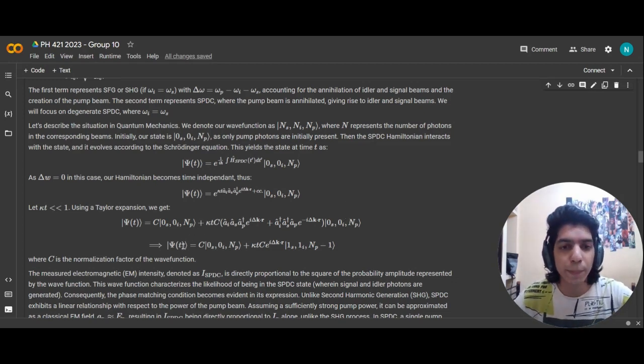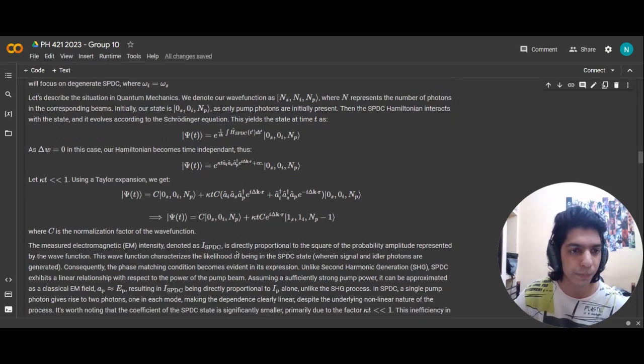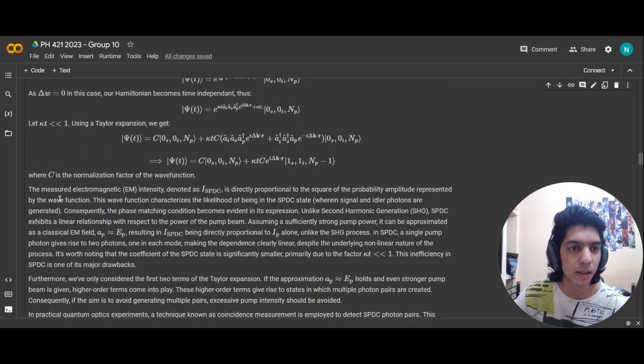So psi at time t will be a combination of the initial state and the state we are interested in, where there are signal and idler beams coming out, and one of the pump photons is destroyed. C is just the normalization factor. Here we can see that the measured electromagnetic intensity, denoted as I SPDC, is directly proportional to the square of the probability amplitude represented by the wave function.